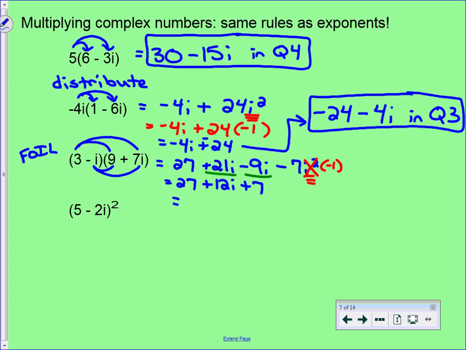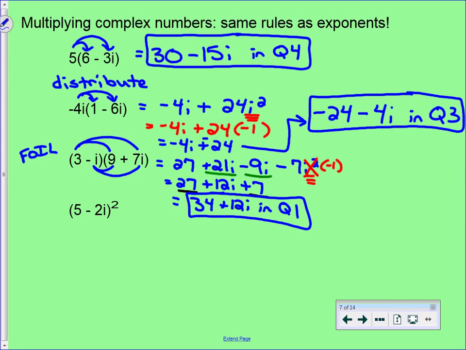By combining our like terms again, now just our actual whole numbers, we have a 34 plus our 12i. We have two positive values in this case, so our final answer would be in quadrant 1.